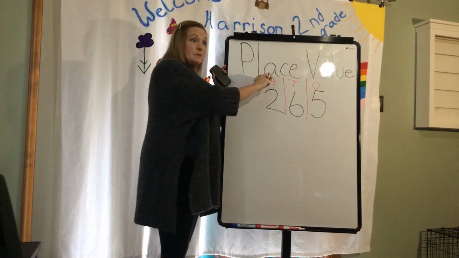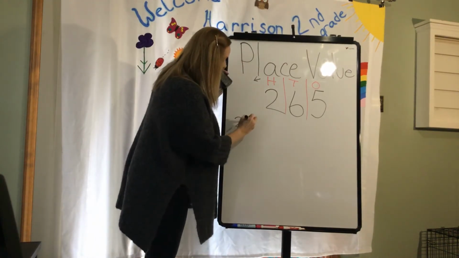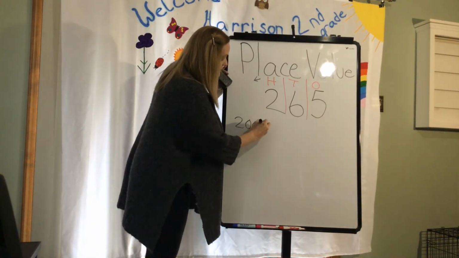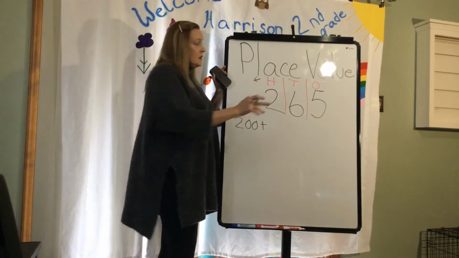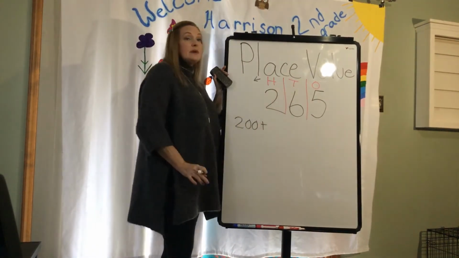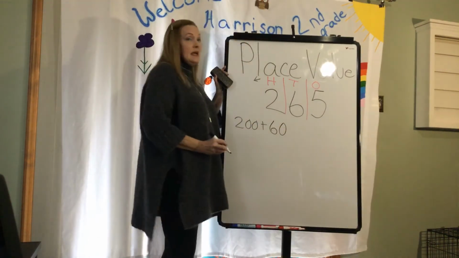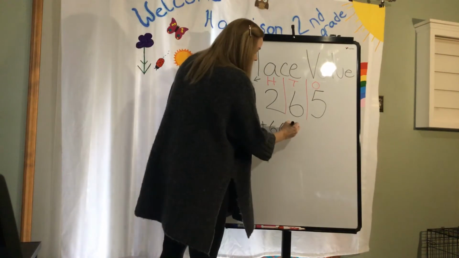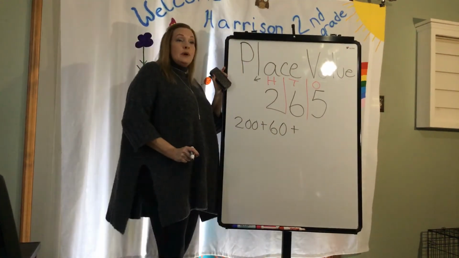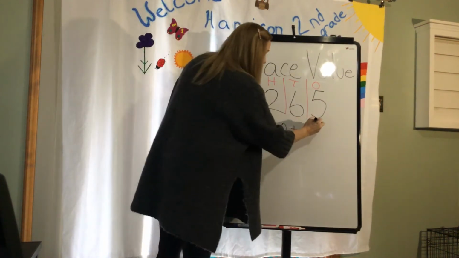It's in the hundreds spot, so it is worth 200. All I have to do is write 200. Put my plus sign. What is the value of the 6? It is in the tens spot, so its value is 60. I write its value. Put my plus sign. And what is the value of the 5? It is in the ones, so it's simply 5.